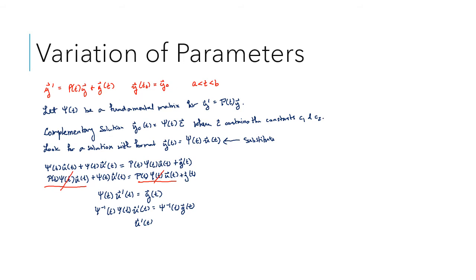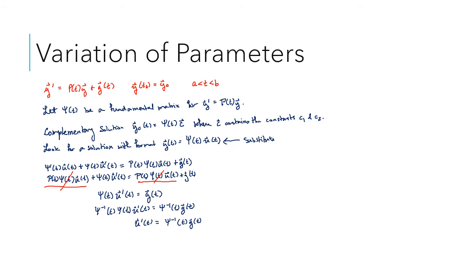So I now have that u prime of t should be equal to psi inverse of t multiplied by g of t.